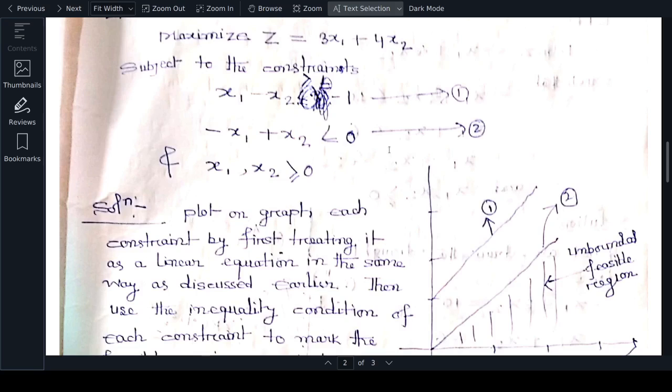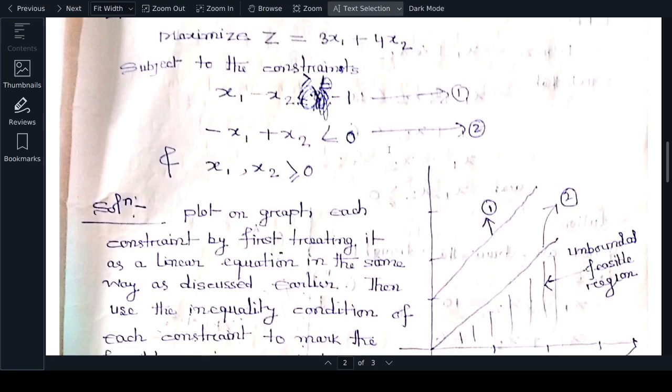So from this line, the origin containing side. Again, you substitute 0, 0 in the second constraint, it also satisfies, so this is the origin containing side. So the feasible region I have shaded here.